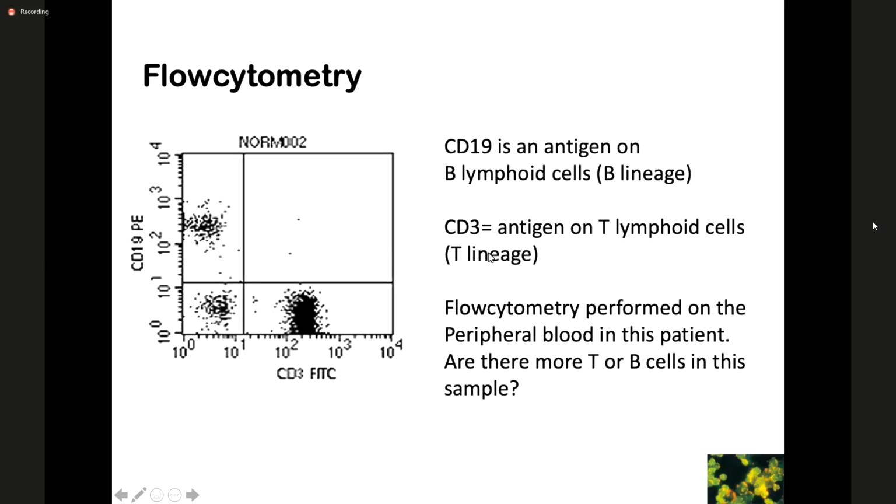So this is the T lineage cell and this is the B lineage. Here we have run the peripheral blood of a patient, and this is how the flow cytometry gives the report. Can someone say whether there are more B cells or T cells? And you have to explain why you have said this, which is the predominant cell. Can someone tell me?